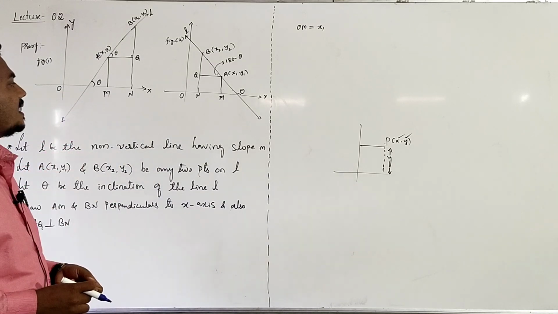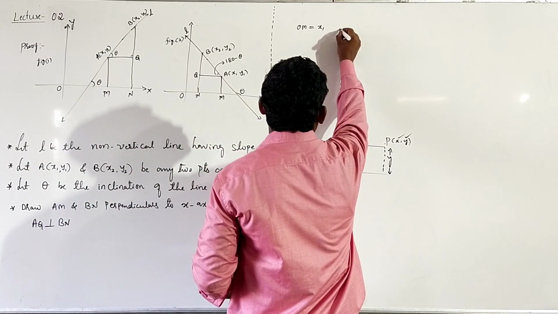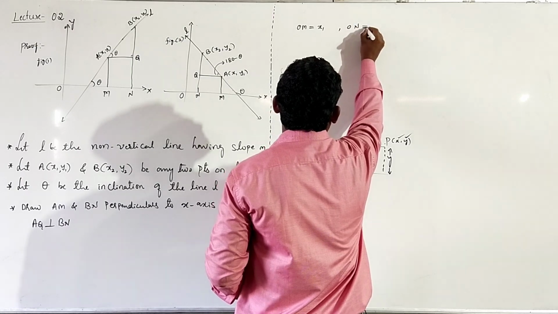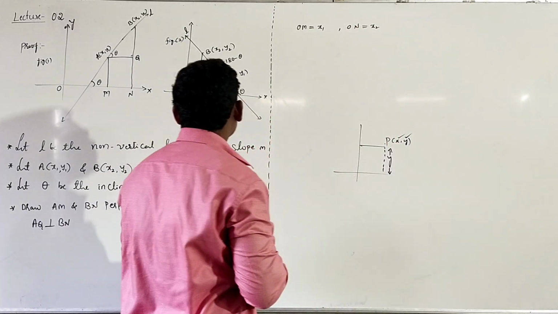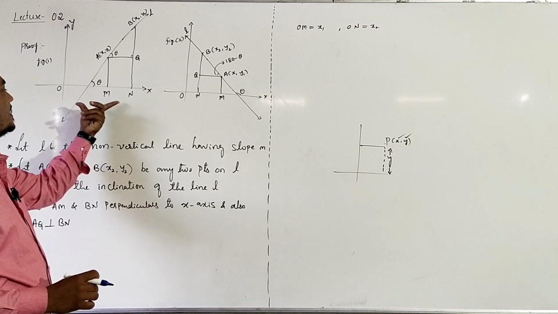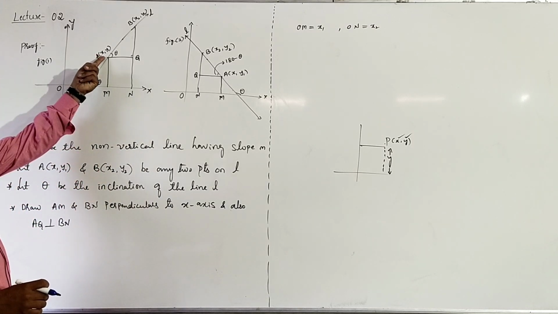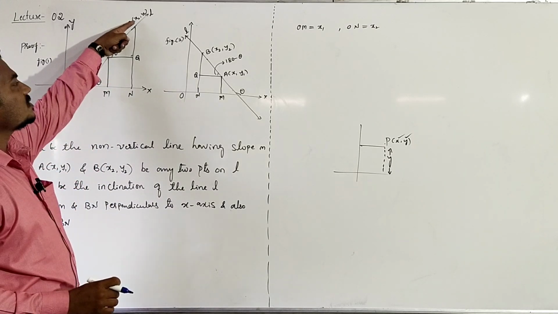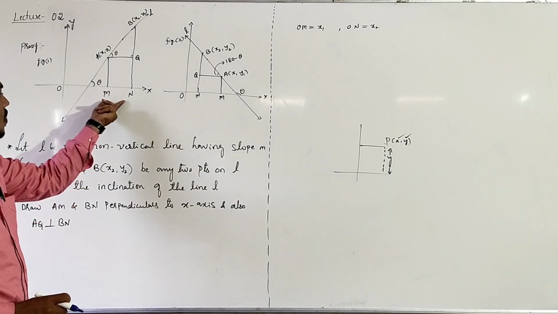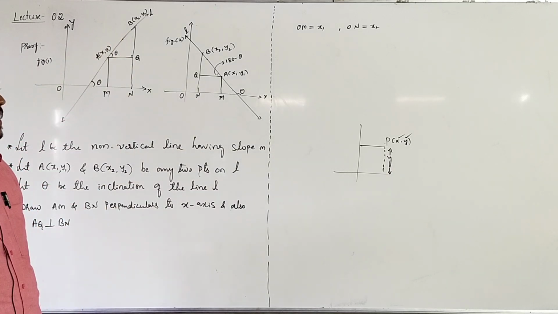Then what is ON? ON is equal to x2, right? ON in both the cases. OM means x coordinate of this point, ON means x coordinate of this point. So ON is equal to x2, right?